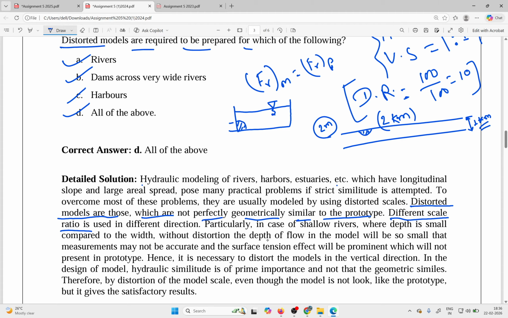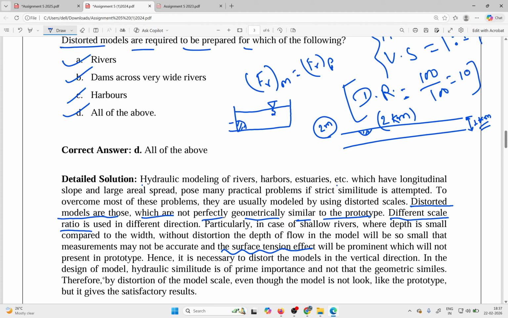Without distortion, the depth of flow in the model will be so small that measurement may not be accurate, and the surface tension effect will be prominent, which is not present in the prototype. Hence, it is necessary to distort the model in the vertical direction.